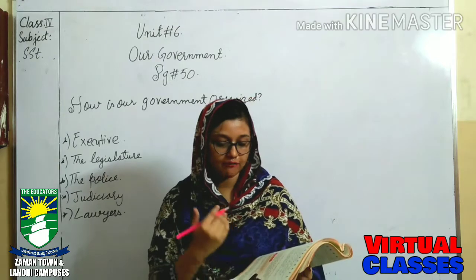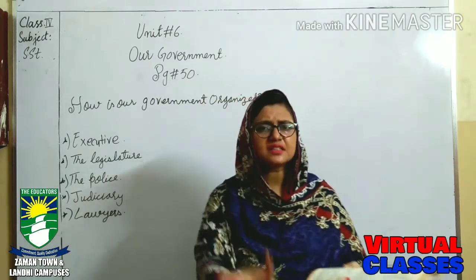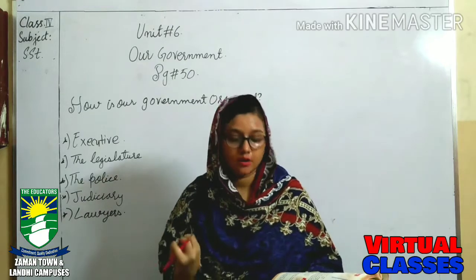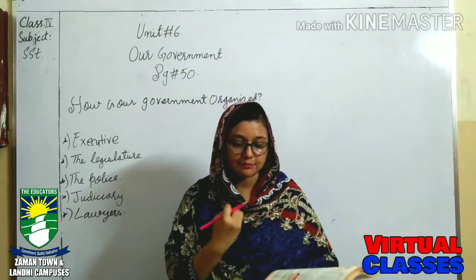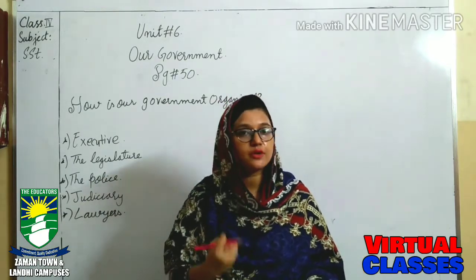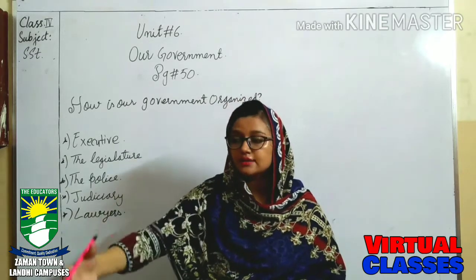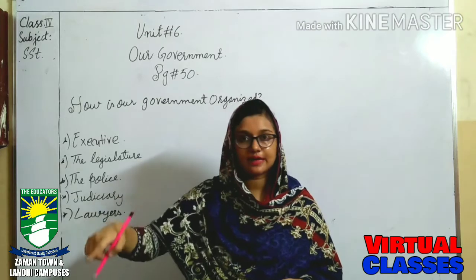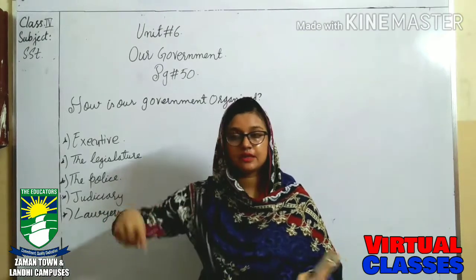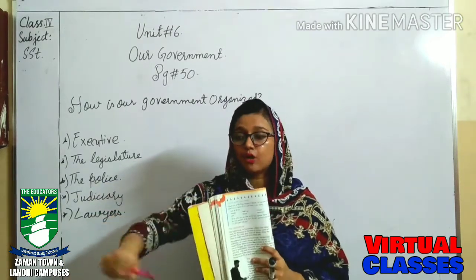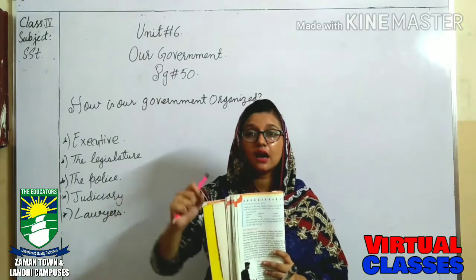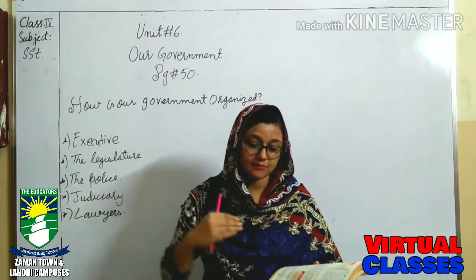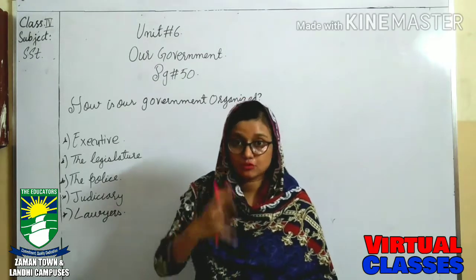Then we have the witnesses as well. Sometimes there are people who saw a crime take place. These people are called witnesses. For example, if someone is stealing something and you are standing in that place, you are the witness of that crime.